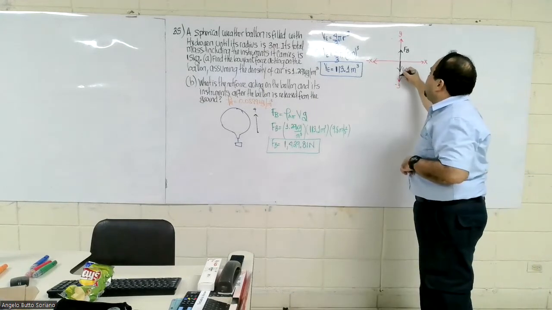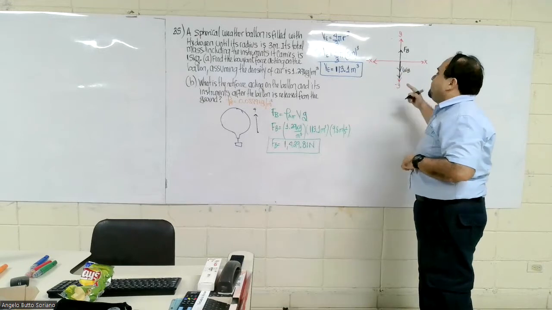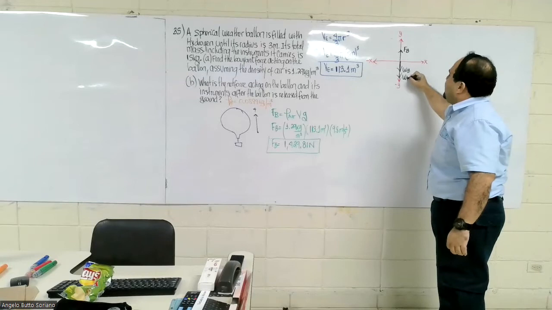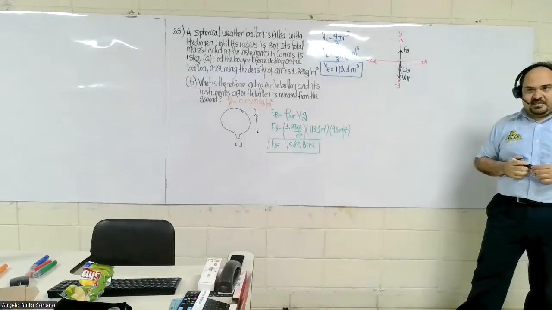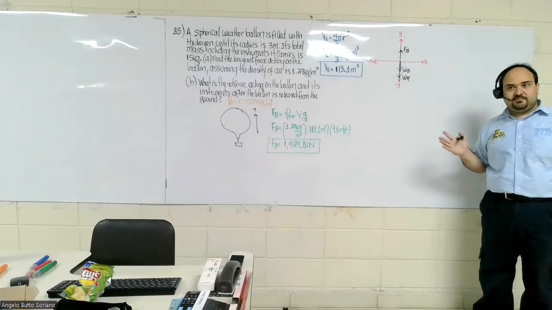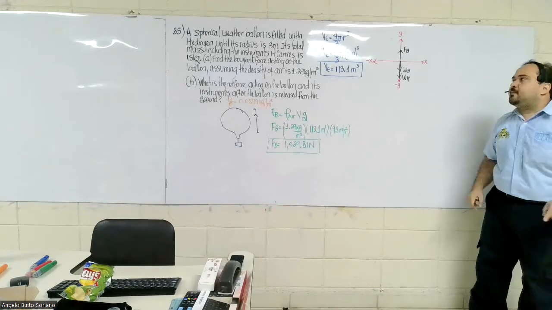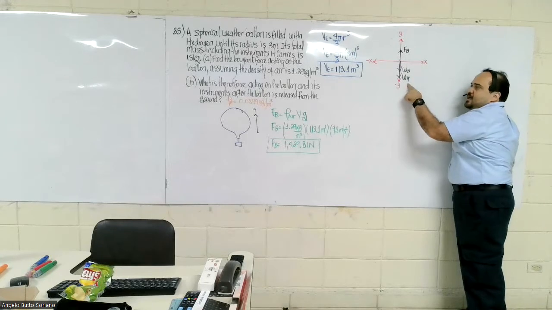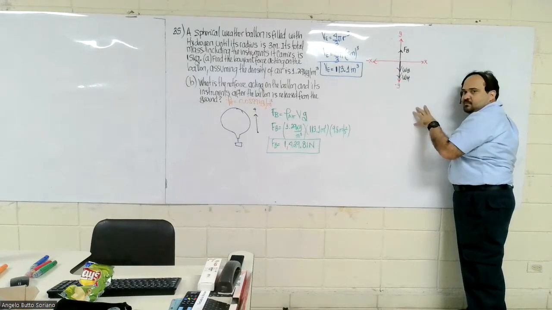I'm going to establish the difference between them: instead of WB, I'm going to use WH, the weight of that gas. Understood this part? Buoyancy force, the weight of the balloon, and the weight of the hydrogen, okay?